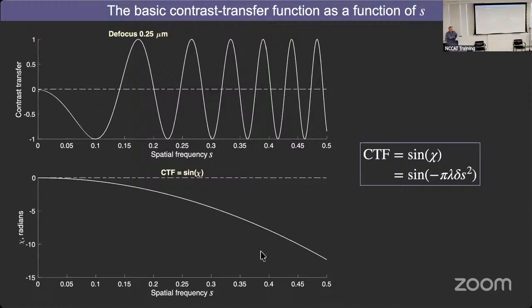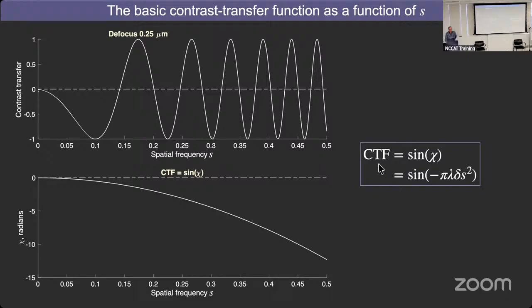Here I'm plotting spatial frequency against the amount of contrast we see. If I pick a particular value of defocus, this is what happens. At some spatial frequencies I get positive contrast, at others negative contrast.